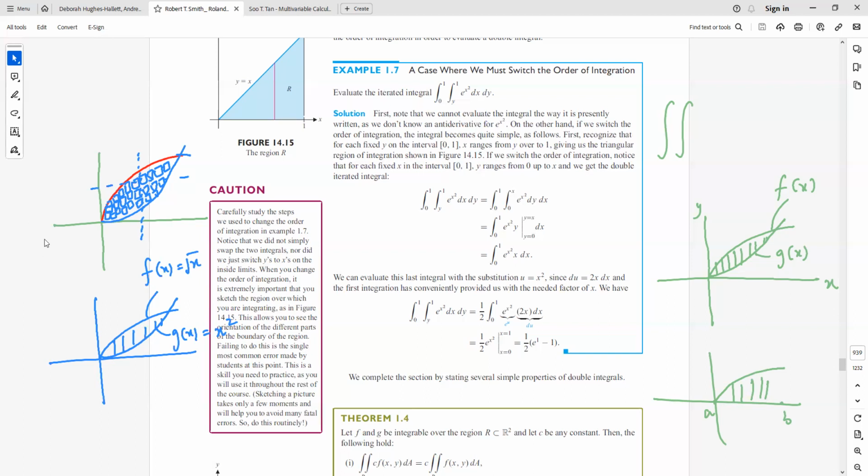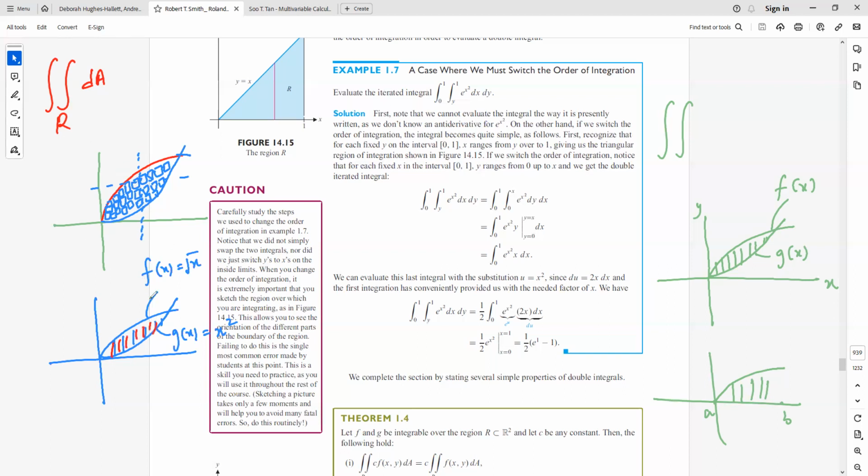First of all, we can write the double integral dA, right? We are integrating this over this region, which is the region bounded between two curves.